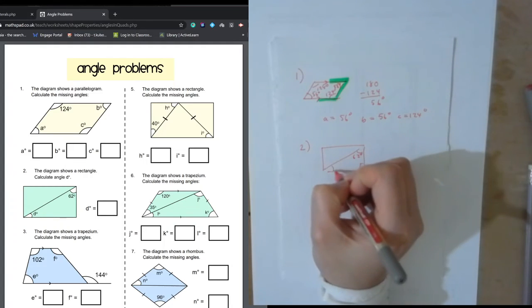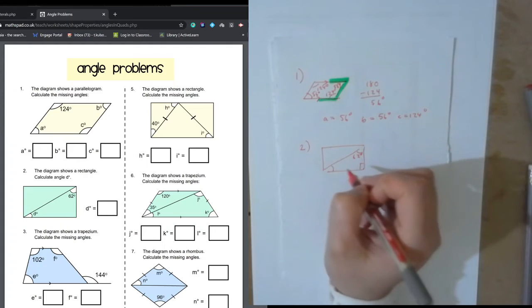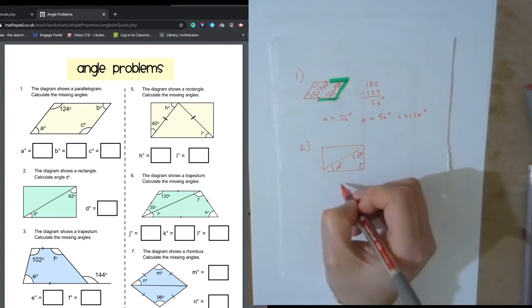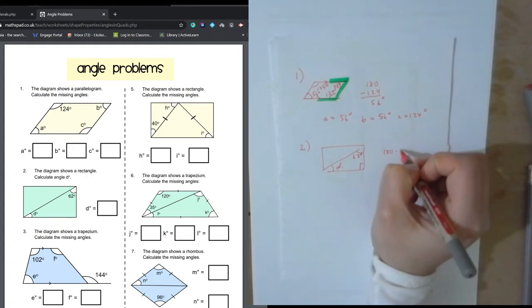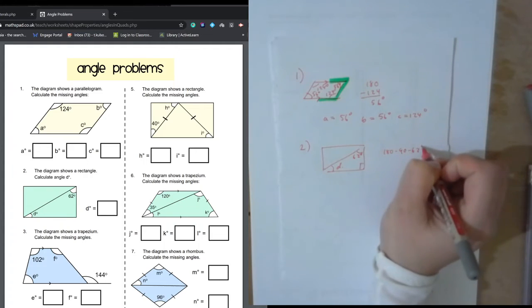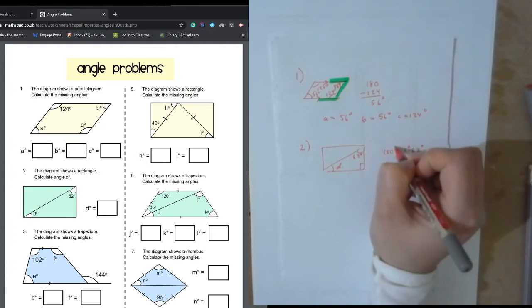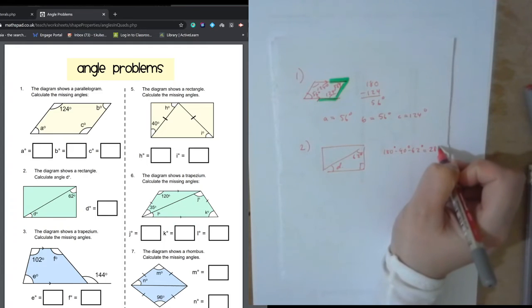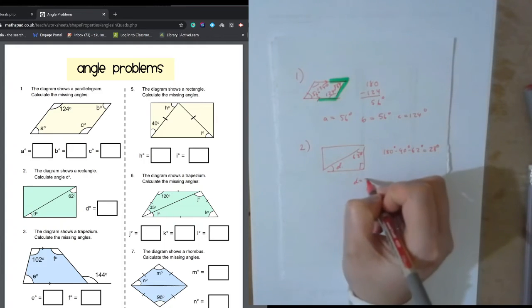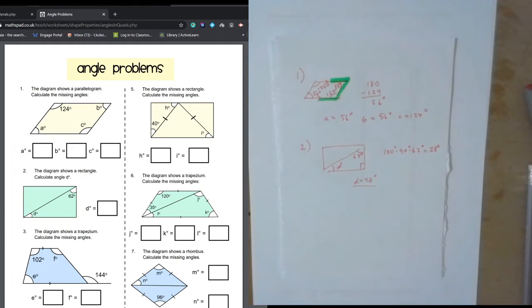I know angles in a triangle add up to 180. So for this one, I would just do 180, take away 90, take away 62, equals 28 degrees. So D equals 28 degrees. Make sense?